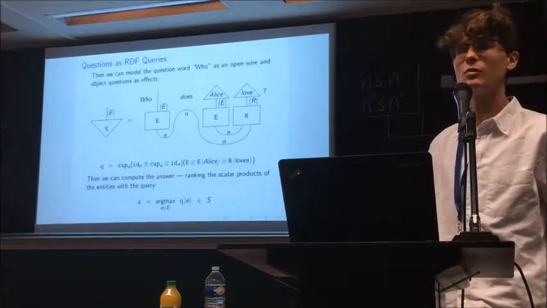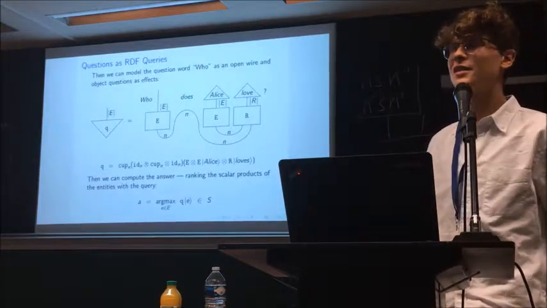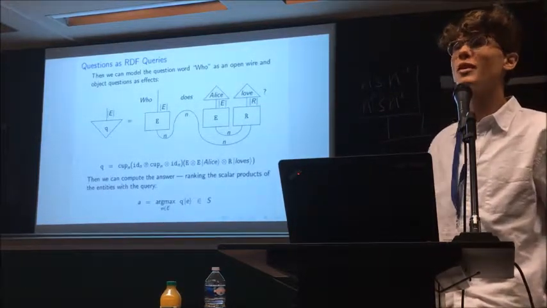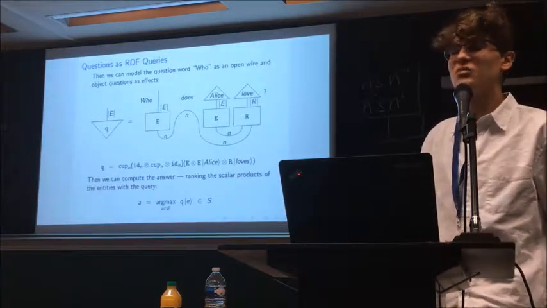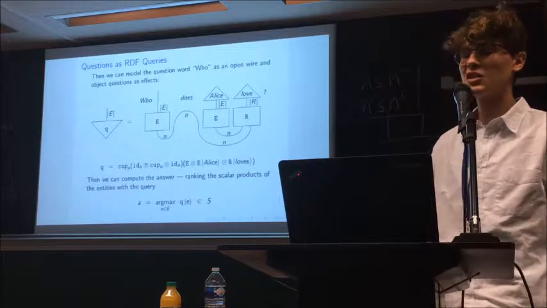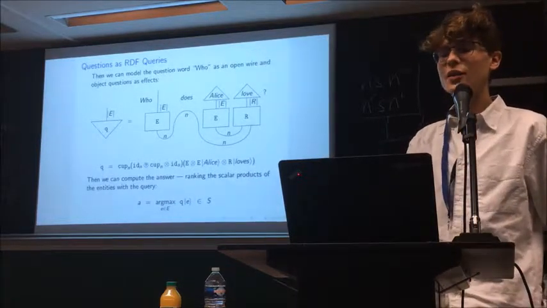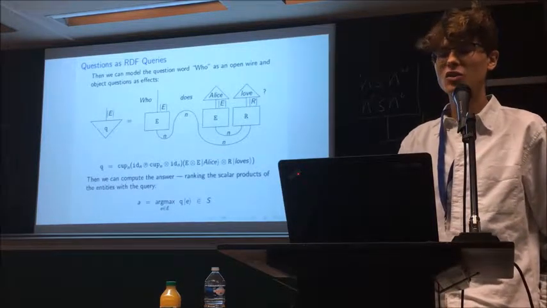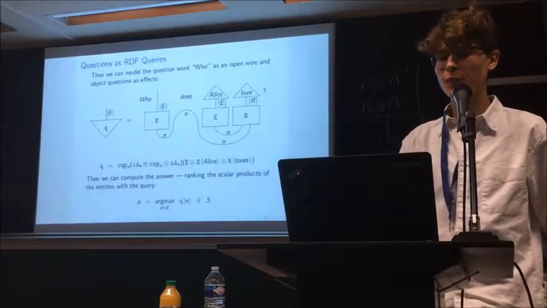If we take S to be the Booleans, we could take non-negative probabilities, non-negative reals to encode probabilities. We could take min and max of the unit interval to model fuzzy logic. So basically, it's all parameterized on this set of scalars S, which encodes what we take to be truth value.